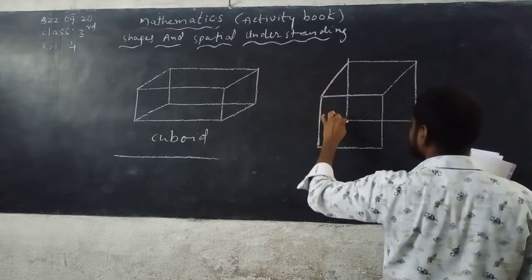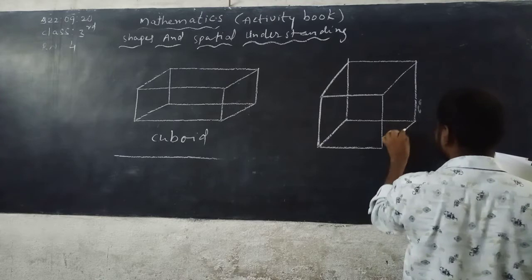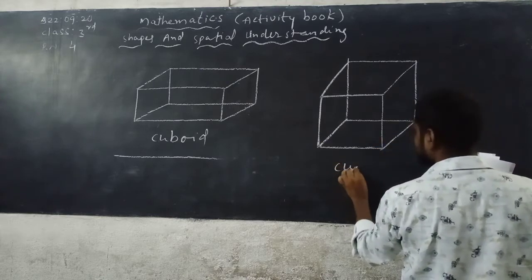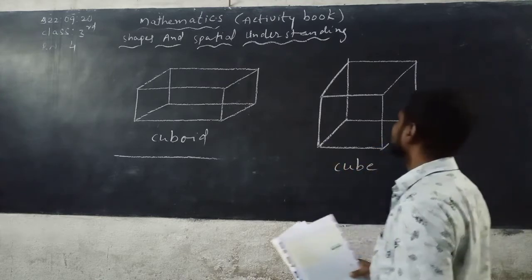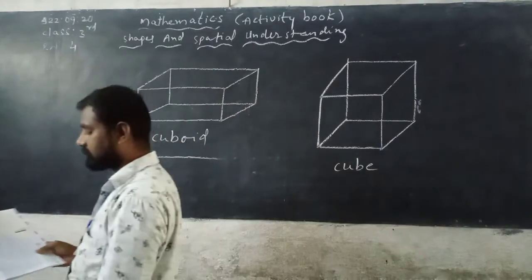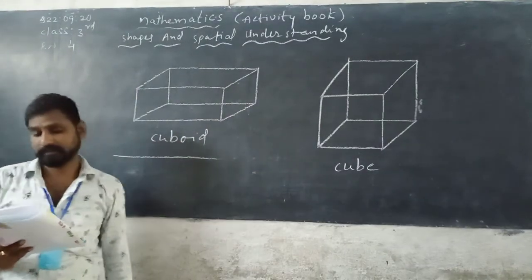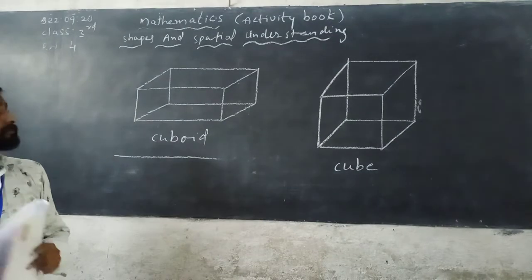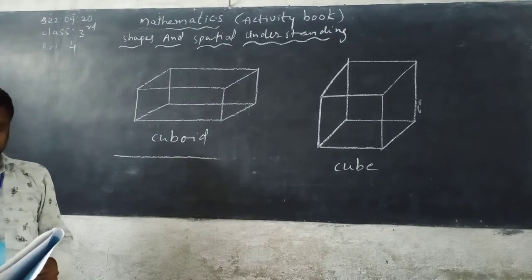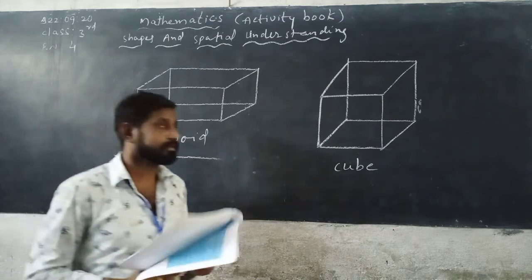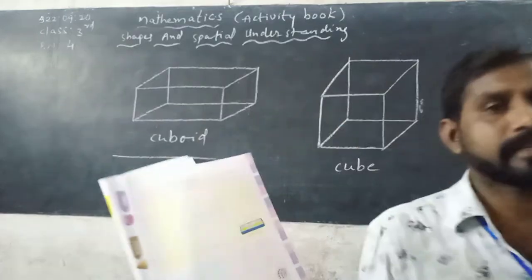Join the corners. This is cube. So dice means that is cube.